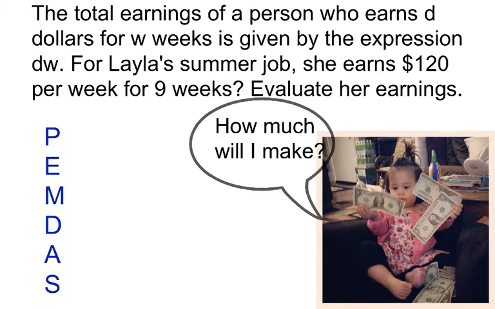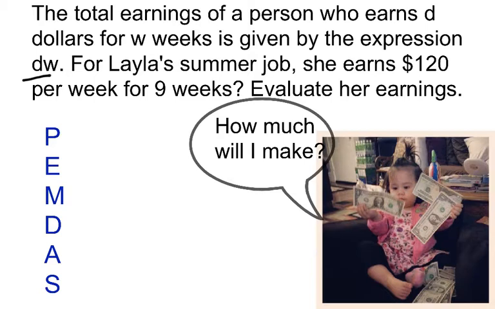The total earnings of a person who earns D dollars for W weeks is given by the expression dollars per week, dollars times the week. For Layla's summer job, she earns $120 per week for 9 weeks. Evaluate her earnings.